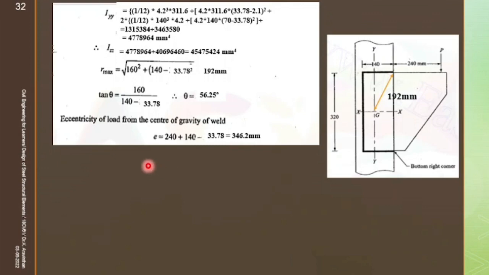Then the eccentricity of the weld is E equal to 240 plus 140, load into distance, minus this 33.78, which will be 346. All the components are known now. The unknown component is P. How to find direct shear? Force by area. Your area is known, 600 into 4.2, P into 1000.